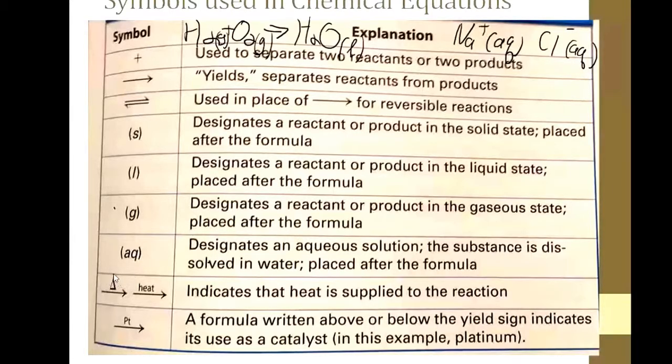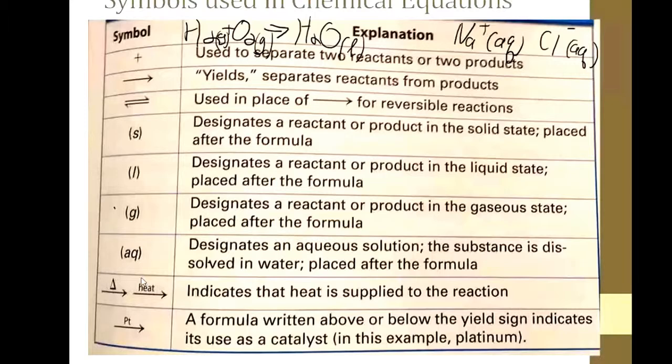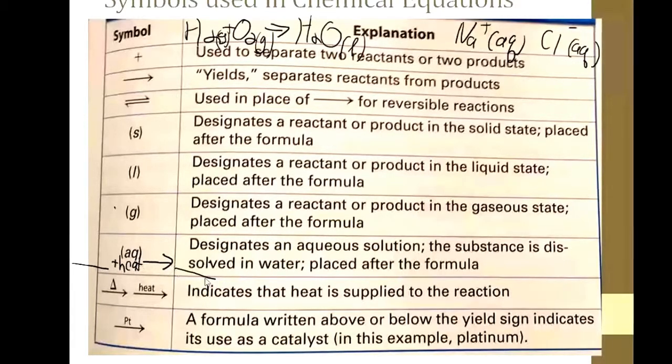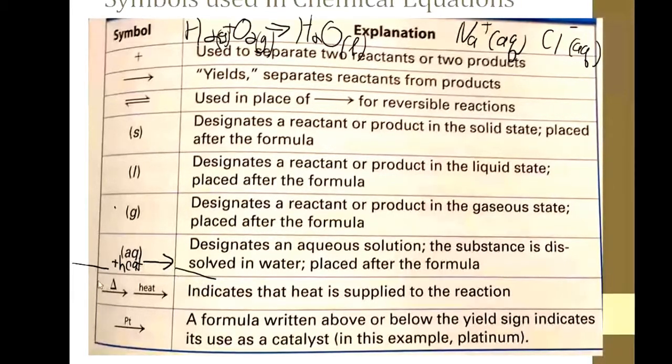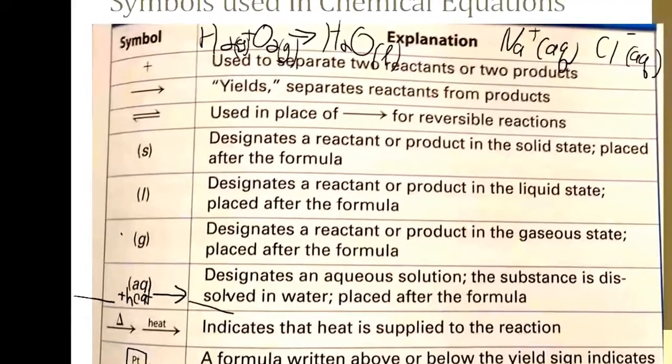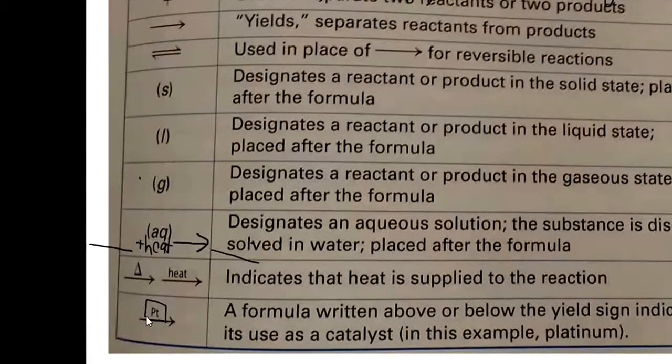Above the arrow, you might have this delta, or heat, to show that heat is supplied. Sometimes you might see it written as a reactant plus heat yields some amount of products. And just like we saw a moment ago, a chemical formula written above the arrow just shows the presence of a catalyst.